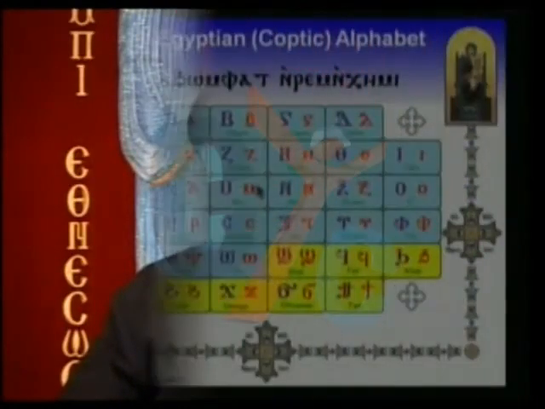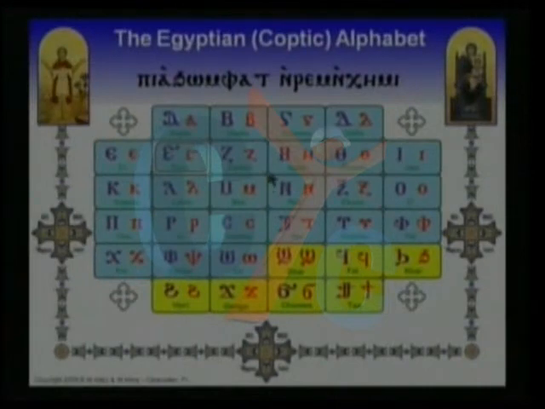Now, as you can see, there are two colors, and this is to indicate the origin of the letters. We have two origins for the Coptic letters. The blue ones, the sky blue squares, indicate the letters taken from the Greek alphabet, and the Shai, Phi, Chi, the last 7 letters, are taken from the Demotic alphabet.